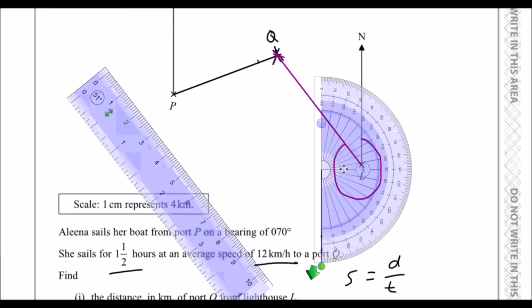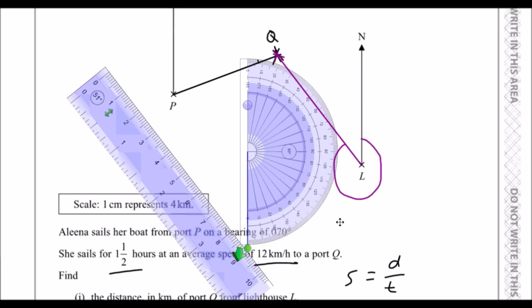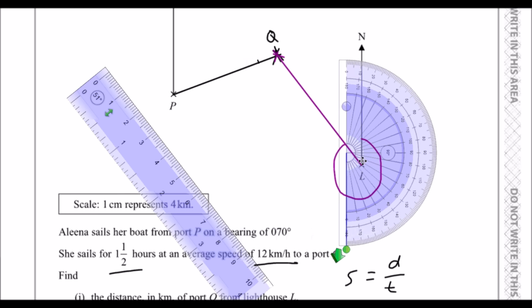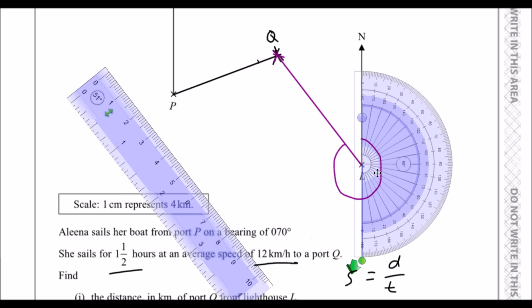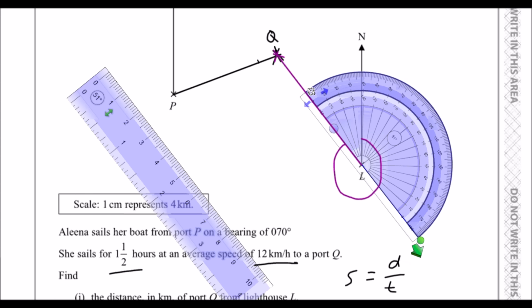How can we measure the angle? So our protractor only goes up to 180 degrees. So what we can do is measure the small angle and do 360 take away the answer. So if we measure the angle in here, which is 38 degrees.